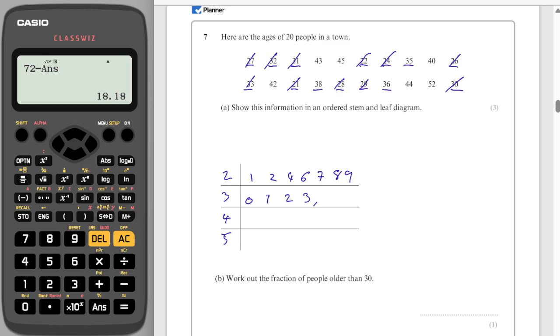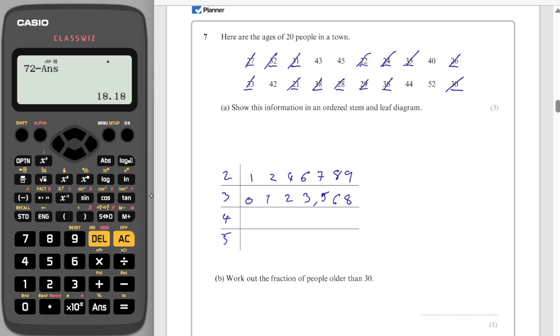I've then got 35. I've then got a 36 and a 38. So I've put my 3, that should have been a 5. Looks like a 3 though. Here we go. So that's all my 30 values.